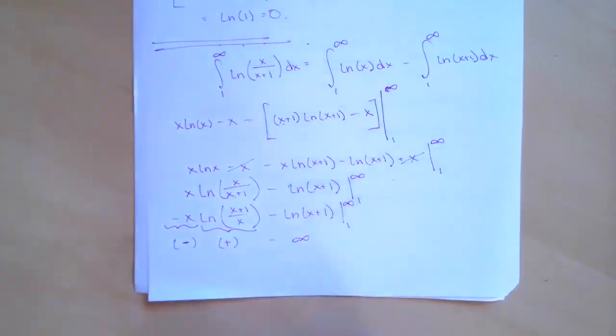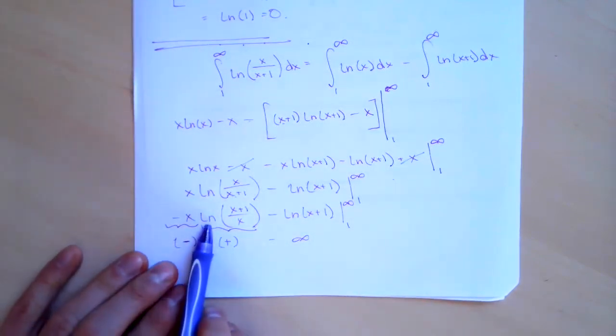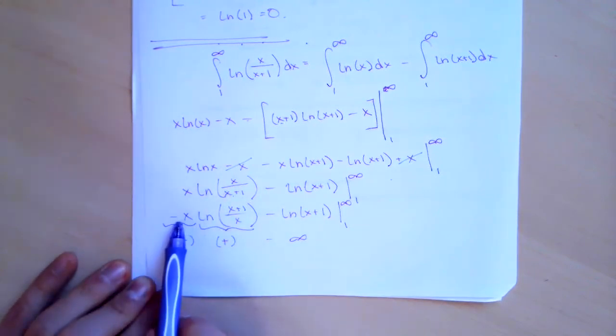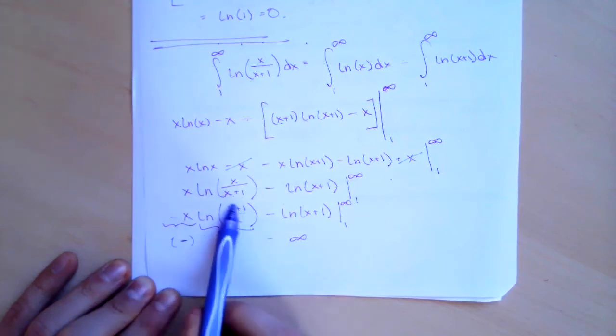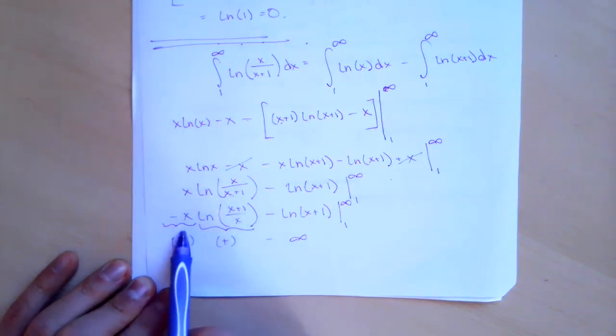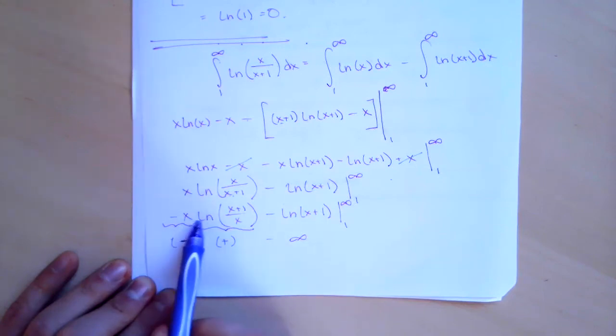So I'm getting around the indeterminate forms by making this argument. This number is going to 0, but going to 0 from the positive side, which means this whole quantity, minus x times natural log of x plus 1 over x, is always going to be a negative number. And any negative number, even if it's going to 0, or any finite number, or even if it goes to infinity, it'll actually go to a negative infinity.